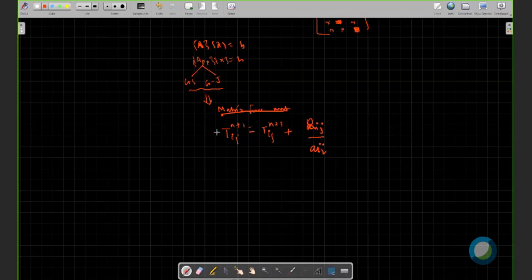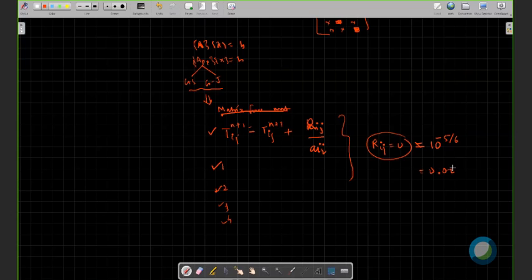For interior points you can have one equation, and for boundary points you can have others. For every boundary, left, right, top, bottom, you will have a different set of equations, and these equations you can iteratively solve till your Rij becomes 0 or some very small value, like 10 to the power minus 5 or 10 to the power minus 6.